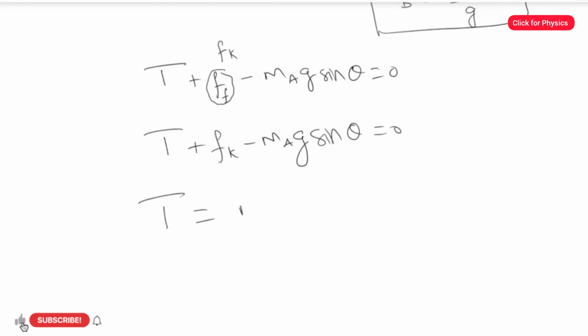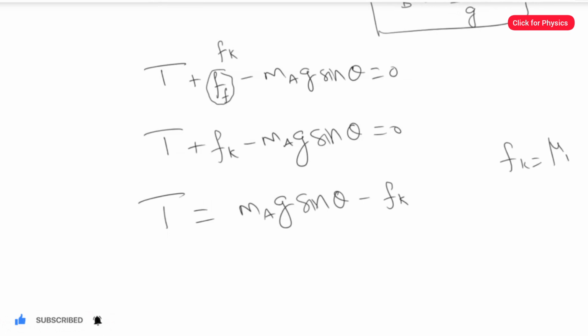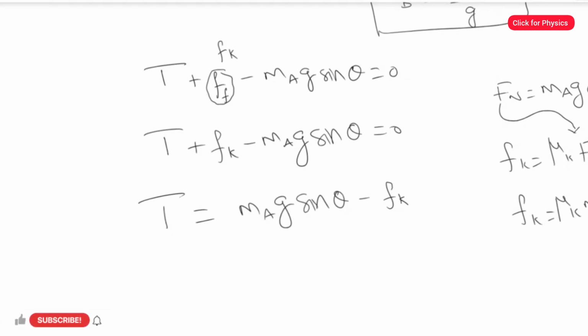So by that, what will happen? MA g sine theta minus Fk. As we know, Fk is equal to mu k multiplied by Fn, and we already know Fn is equal to MA g cosine theta. So you have to substitute this value. By that, your Fk is equal to mu k multiplied by MA g cosine theta. Now I'm going to take this Fk and substitute here.